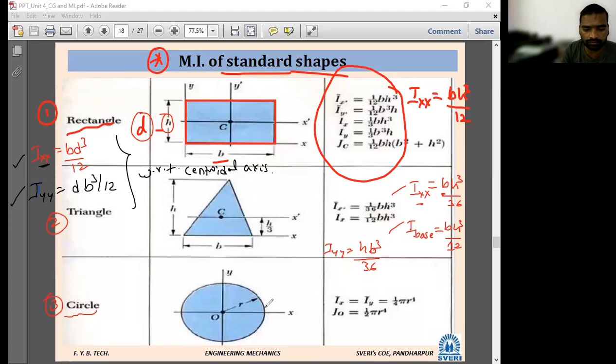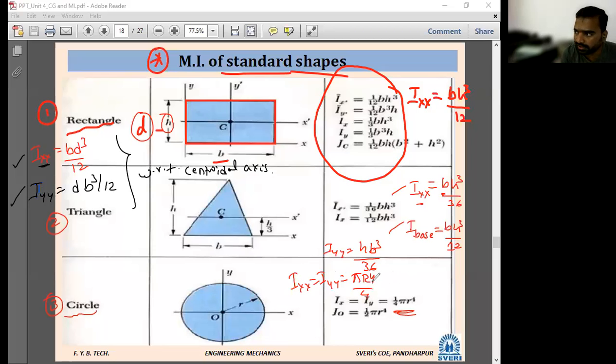Okay, circle. Have you written? Okay, Ixx. See, this is symmetrical about both axes. Then Ixx is equal to Iyy because x bar is equal to y bar. Correct? So Ixx is equal to Iyy is equal to pi r raised to 4 divided by 4. Here he has written pi r raised to 4 divided by 4.